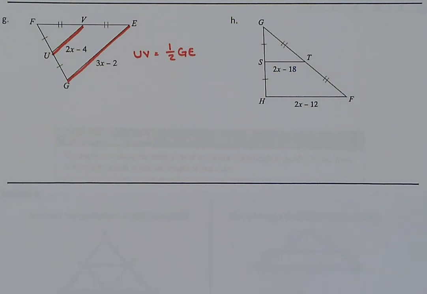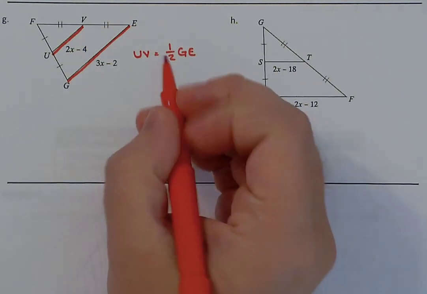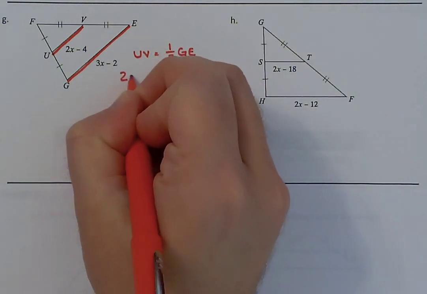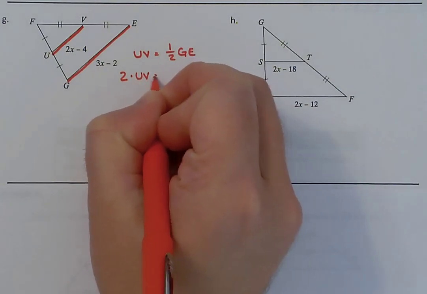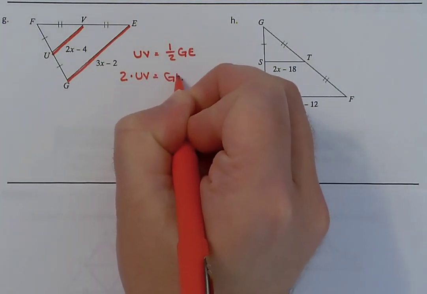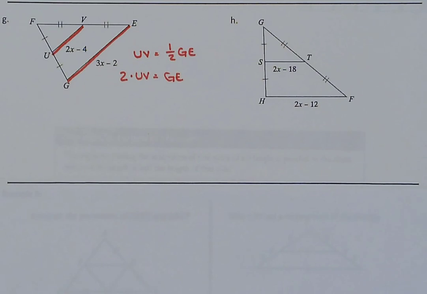But before we do that, a way I find to deal with expressions in x, because sometimes we have odd numbers and we get decimals, is to also think about it as 2 times UV equals GE. I find multiplying by 2 is better than dividing by 2 when we're dealing with expressions, and it keeps it a little more clean.